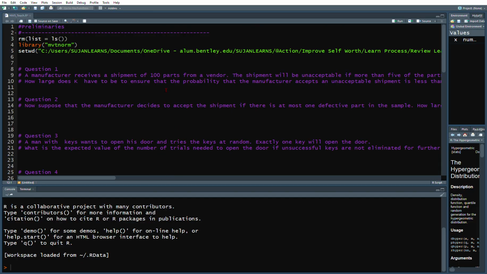That's why we'll use a hypergeometric formula to solve this problem.